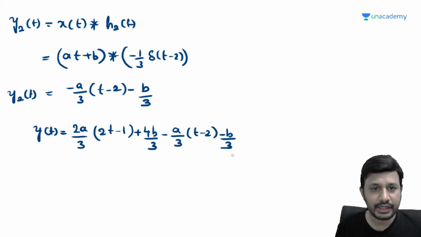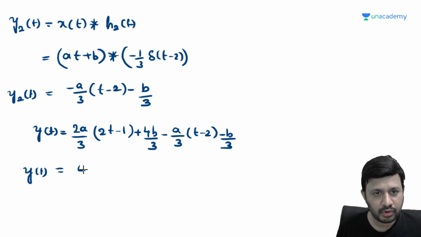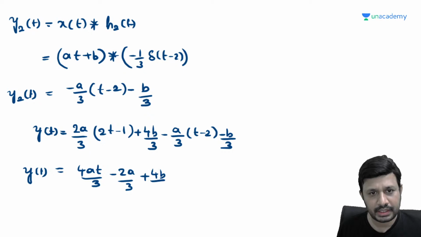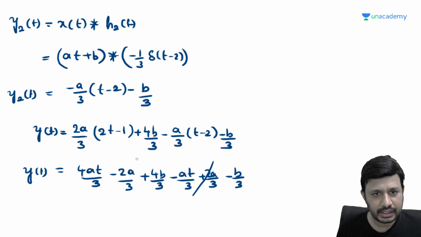What is it that you are going to get? Your y of t will become 4at by 3 minus 2a by 3 plus 4b by 3 minus at by 3 plus 2a by 3 minus b by 3. 2a by 3 minus 2a by 3 gets cancelled.